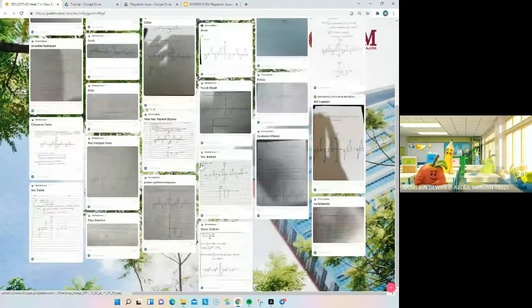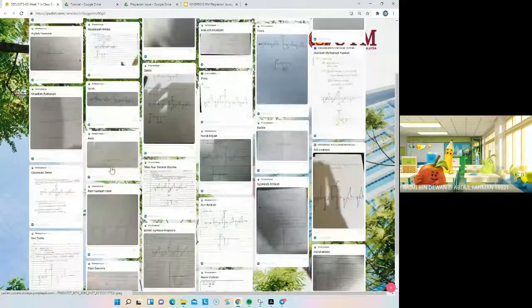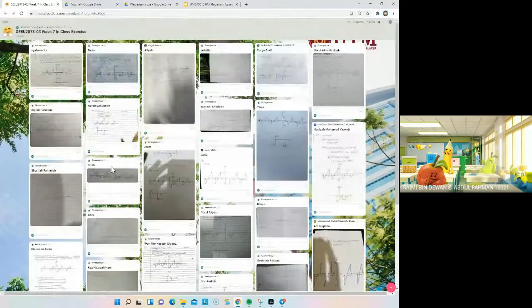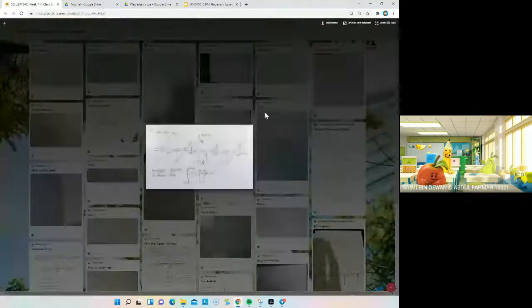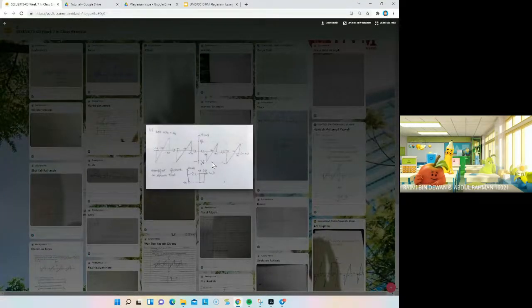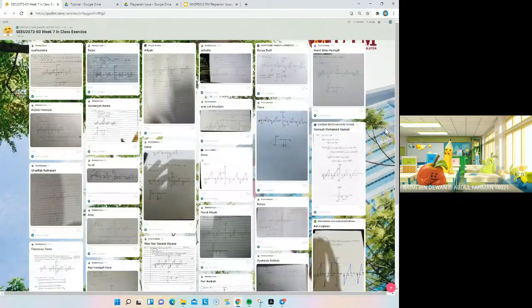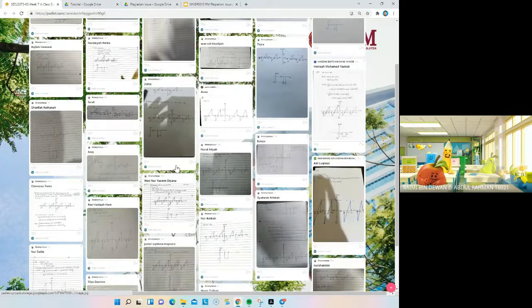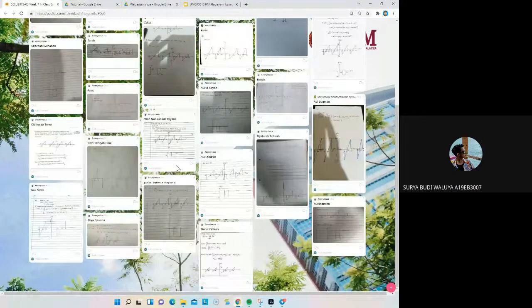Not sure who else. Who else that I didn't really mention actually his name? Surya just now. Okay, look. Please use a ruler, Surya. Alright, doctor. Okay.